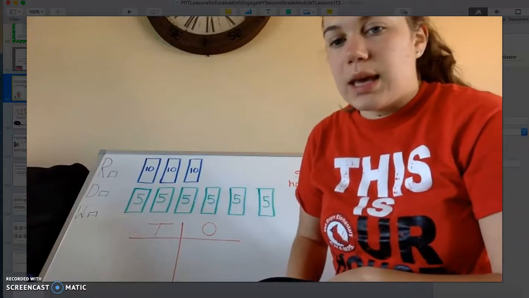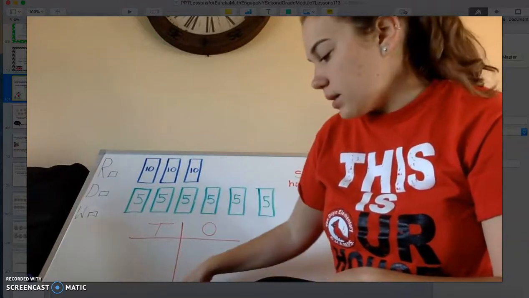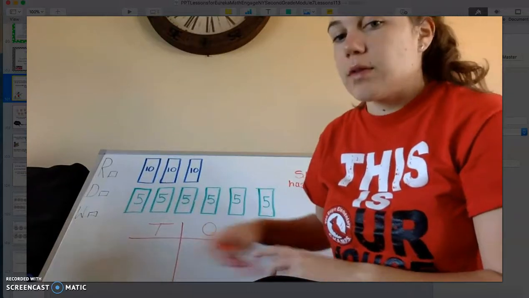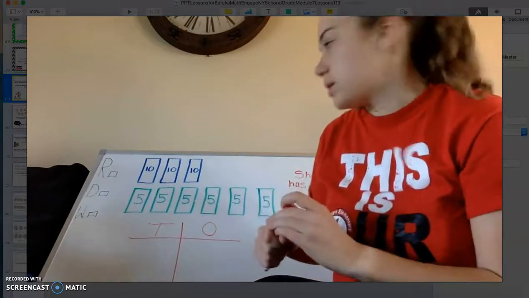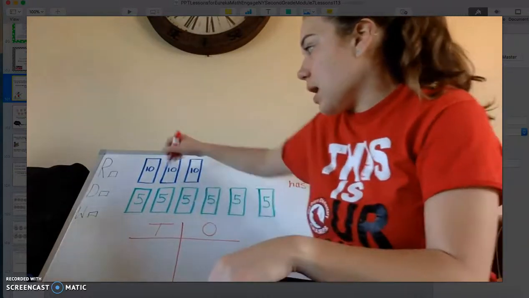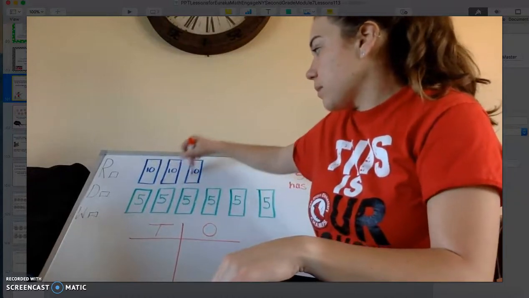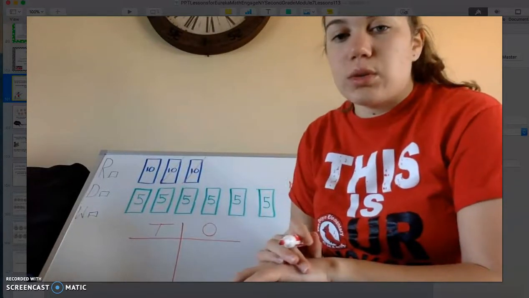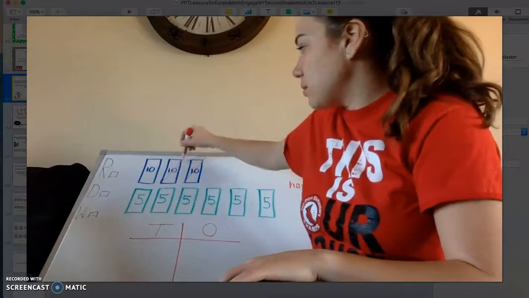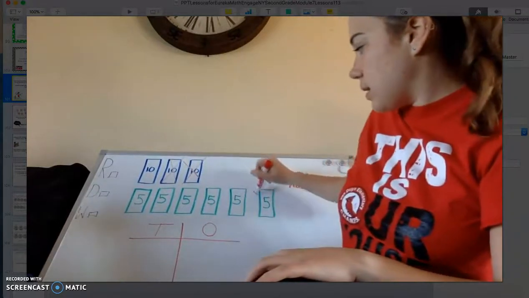They said that he had 2 more $10 bills, so I'm going to cross off 2 of those $10 bills because Shannon does not have them, and 2 $5 bills because Shannon does not have those either.